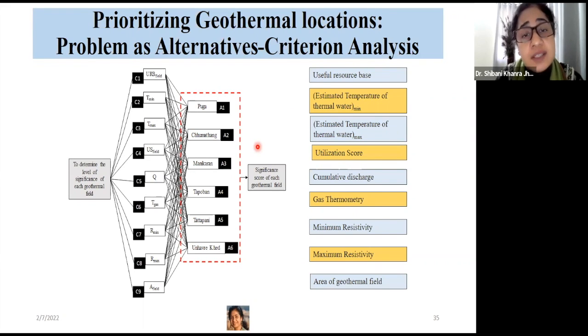Why is this particular study required? This is one of the questions that arose when we started studying this, because simply establishing some kind of potential from one particular geothermal reservoir is not important. When we propose some uncharted domain, it is important to take stakeholders also into account.